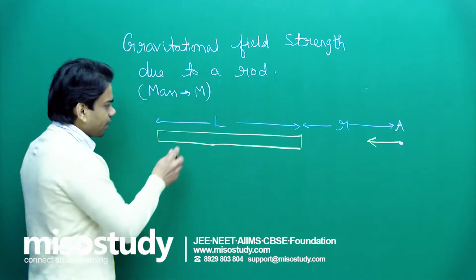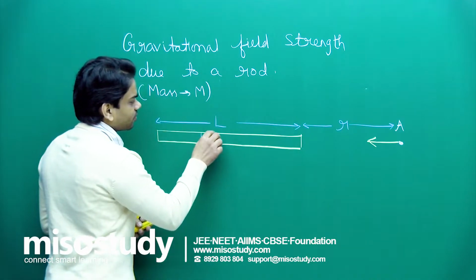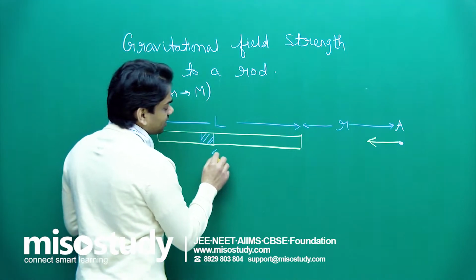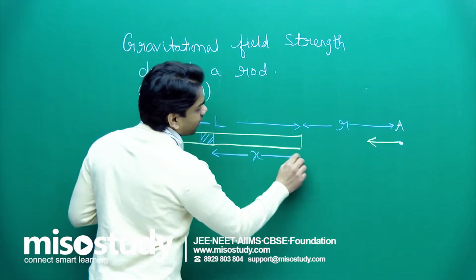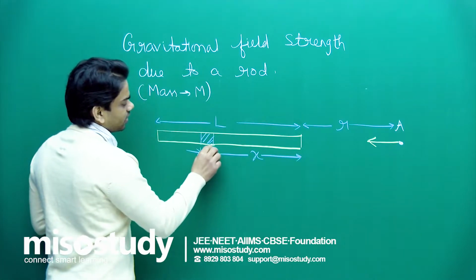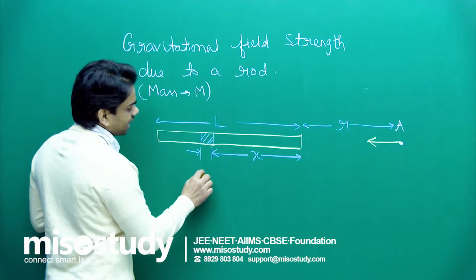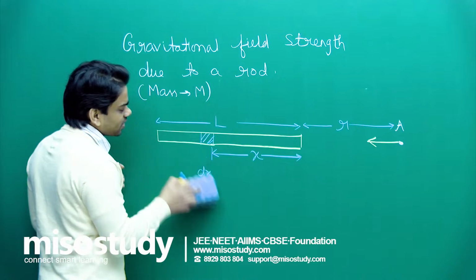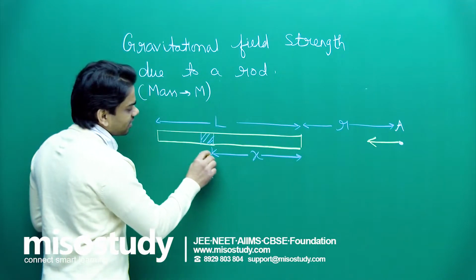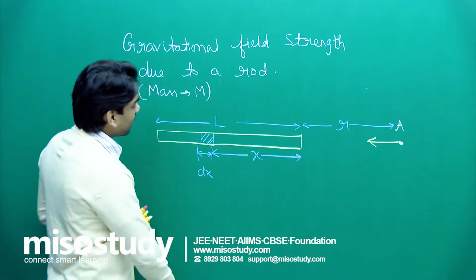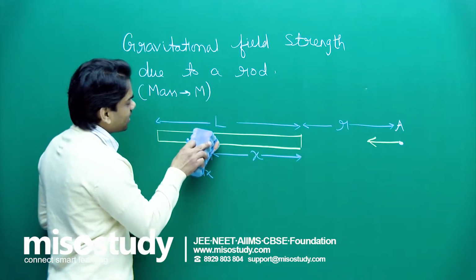You take a point mass anywhere within the rod. Let's say you have taken it here, at a distance x from one end of the rod. You have taken a width, let's say dx. This length is dx, and its mass is dm.